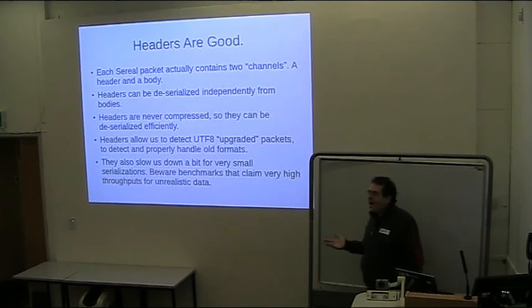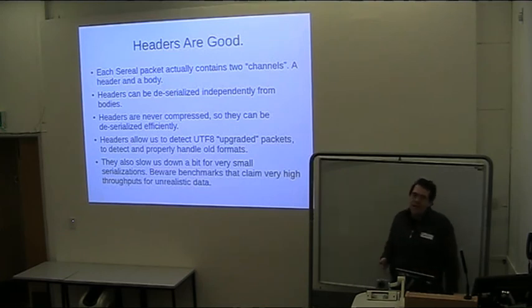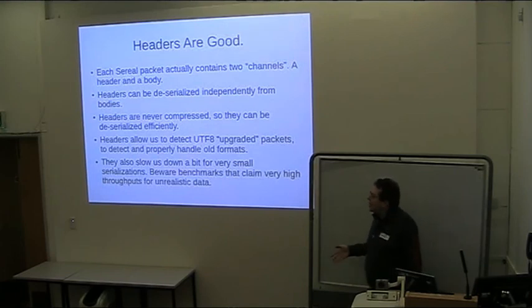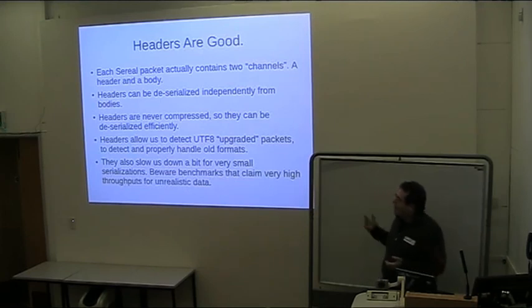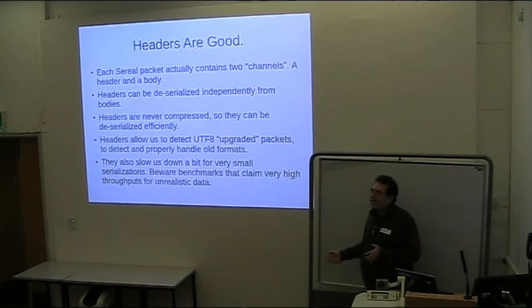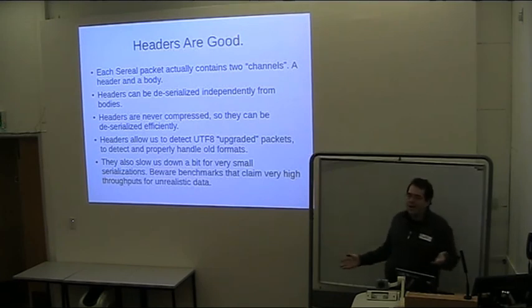Now, CBOR can serialize an empty hash at something like 600,000 a second, and Sereal at about 400,000 times a second, so much slower at the percentage level. But the thing is, Sereal has a header, which allows us to do a lot of interesting things, and CBOR and the competitors don't. And whoever serializes an empty hash anyways.